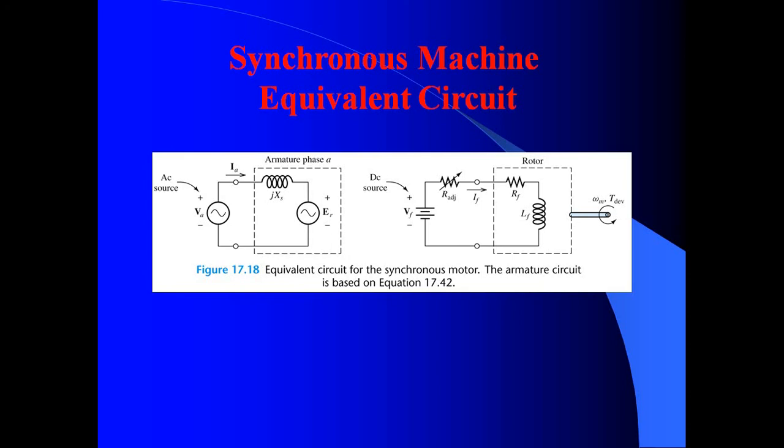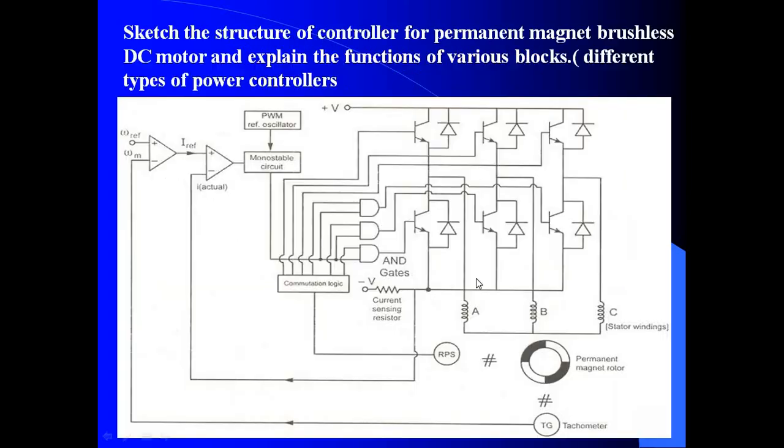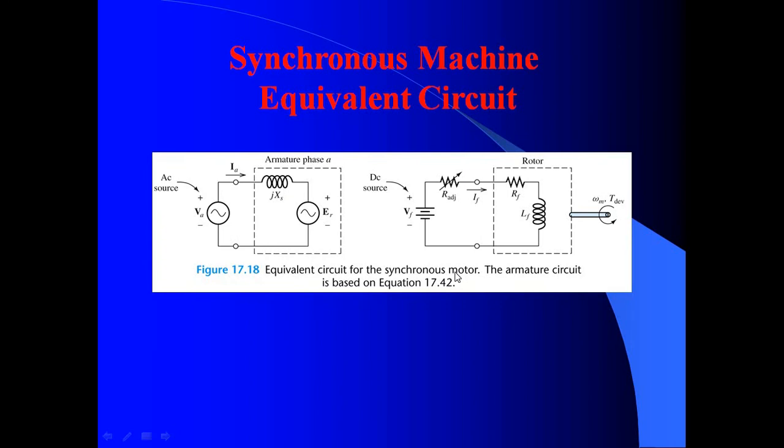It is the prime mover side, the prime mover and then the rotor, with the armature resistance and field resistance as well as the field winding, coupled with omega m, the motor angular velocity, with respect to the torque developed in the motor. Then the equivalent circuit of the synchronous motor, the armature coil, is based on the equations in this format. Thank you.